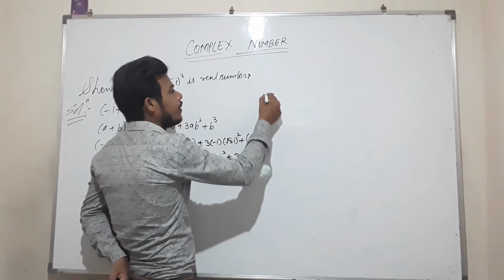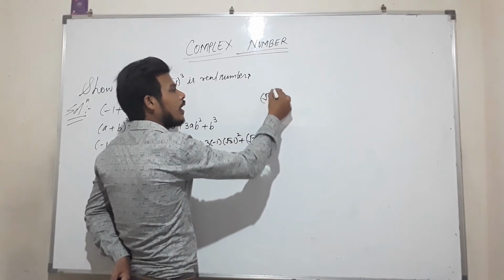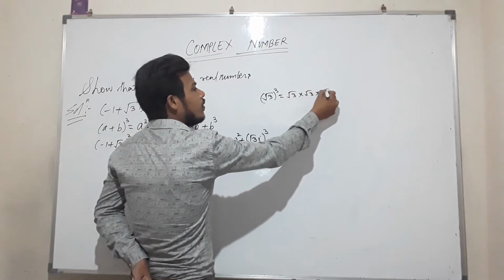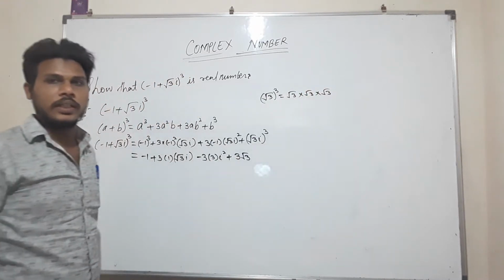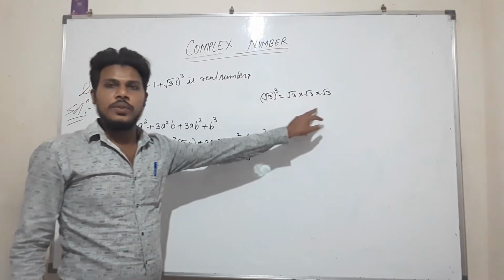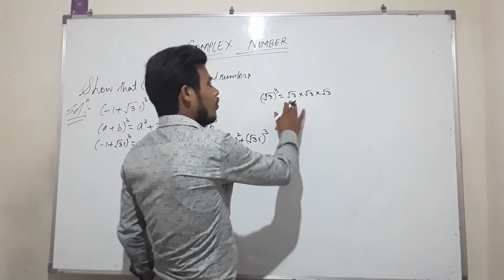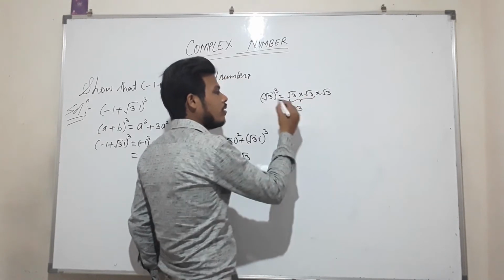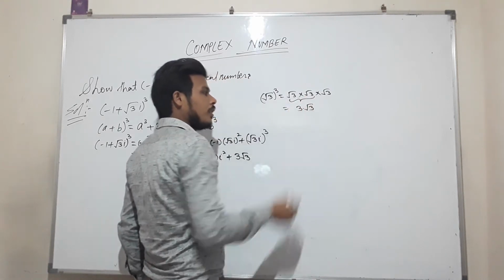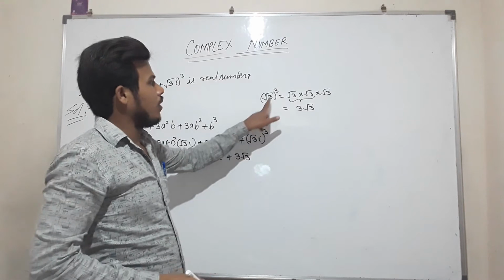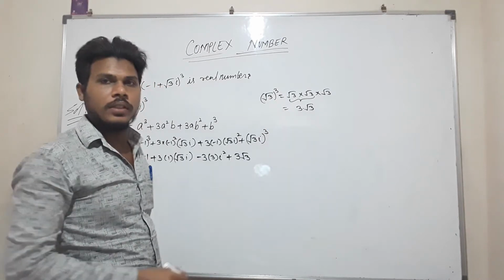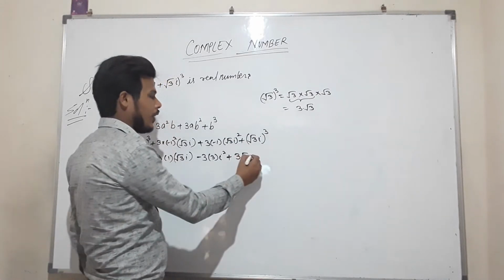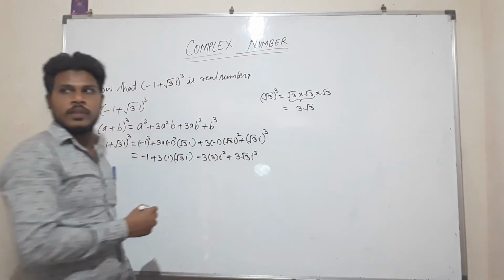How? Look, here the cube of root 3 means root 3 into root 3 into root 3. Now root 3 into root 3 is 3, and root 3 is left. So root 3 cube is 3 root 3, and i cube as it is.